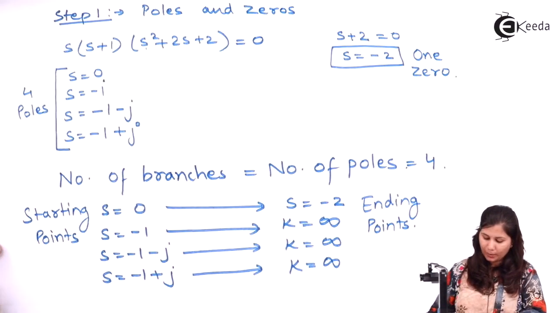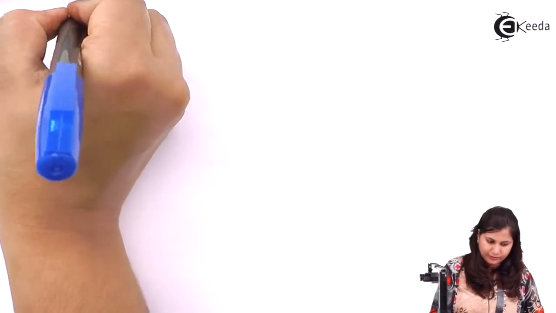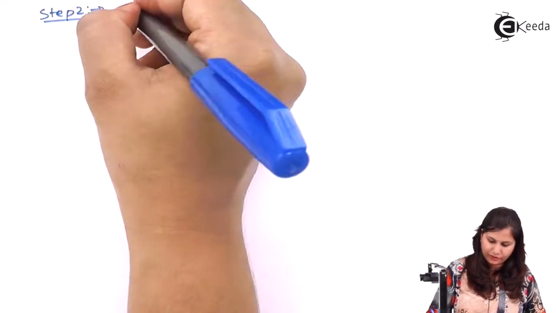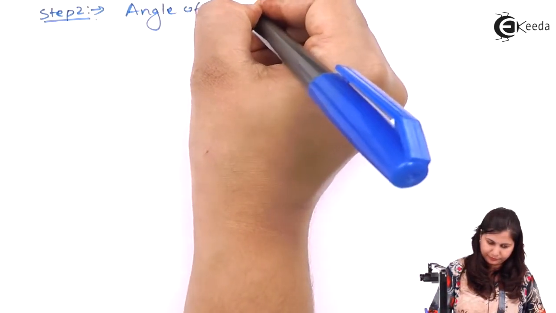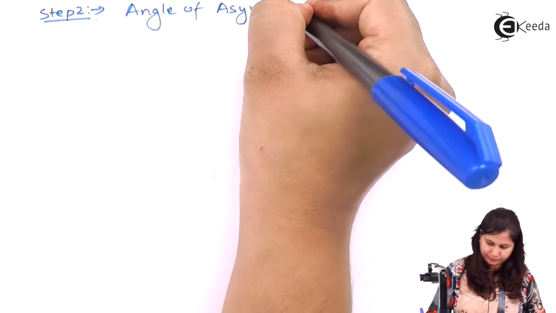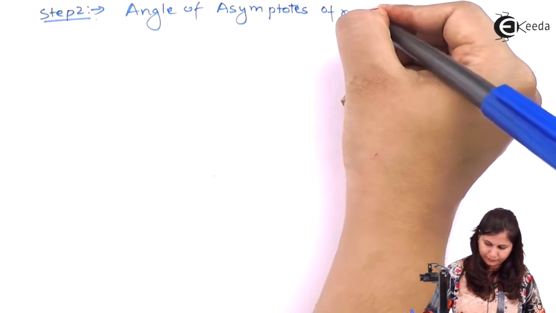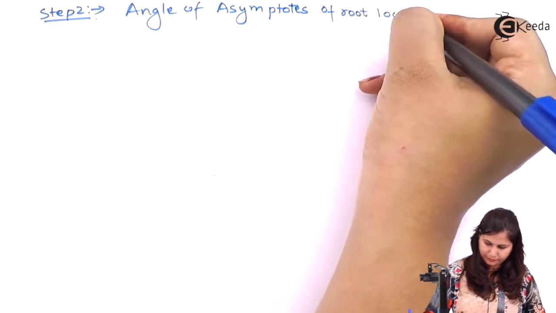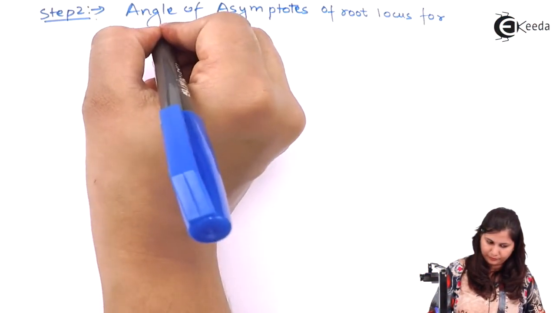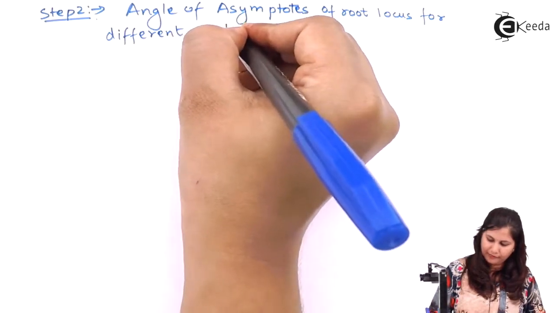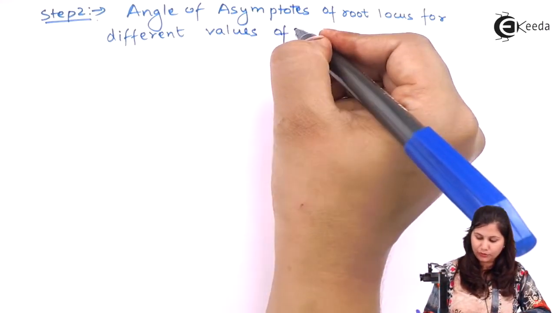Now our second step will be to find out the angle of the asymptotes. We will find out the angle of the asymptotes of the root locus for different values of m.